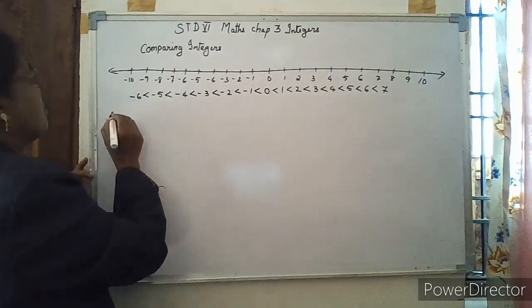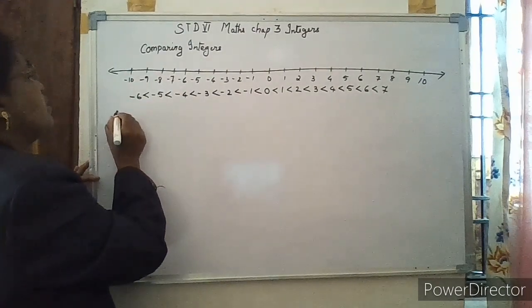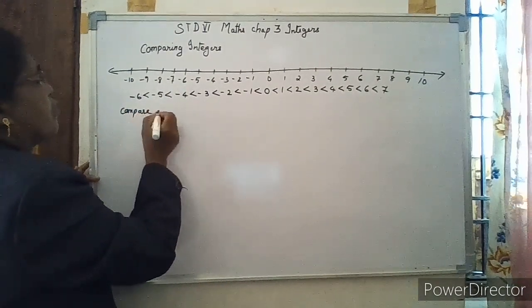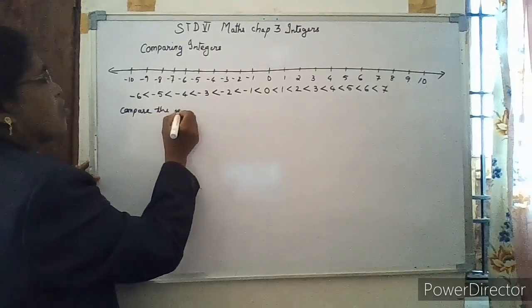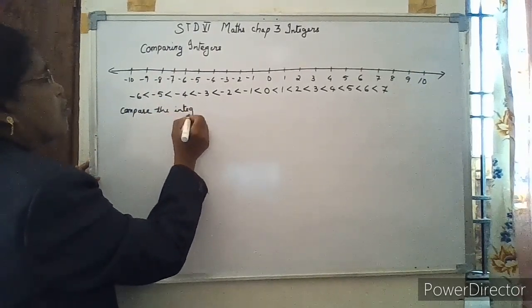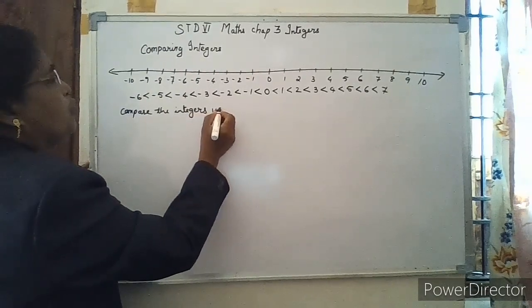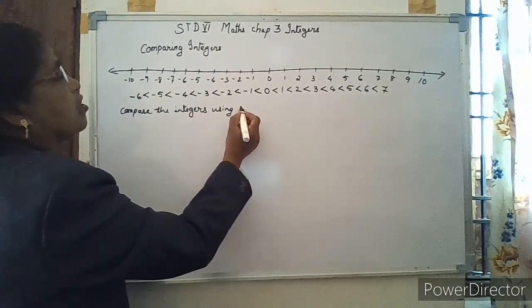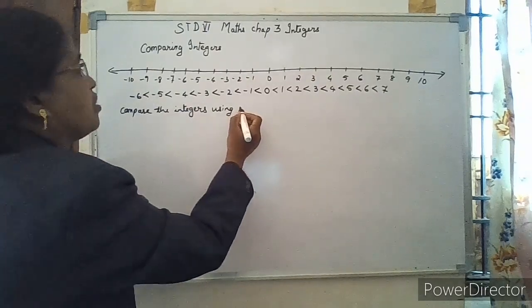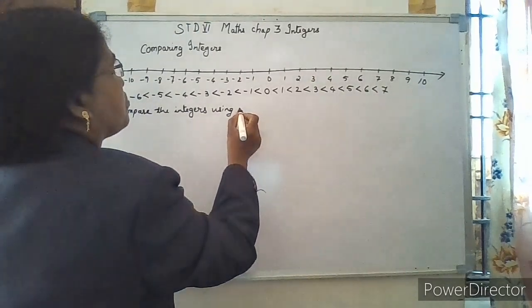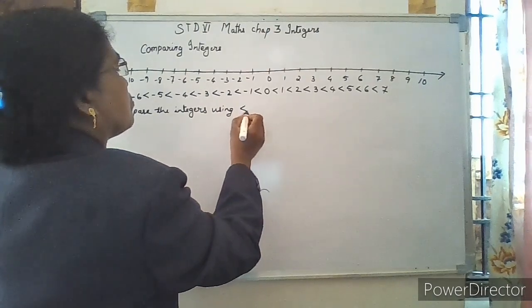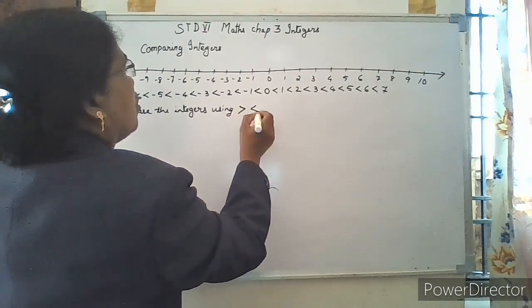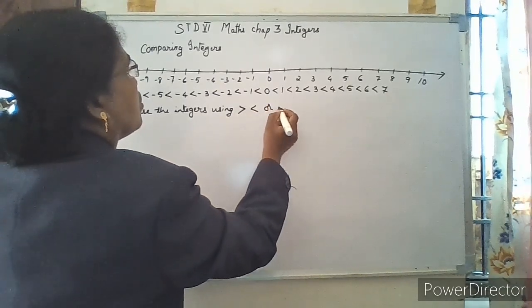Now I'll give some examples of comparing integers. Compare the integers using the sign less than, greater than, or less than or equal to.